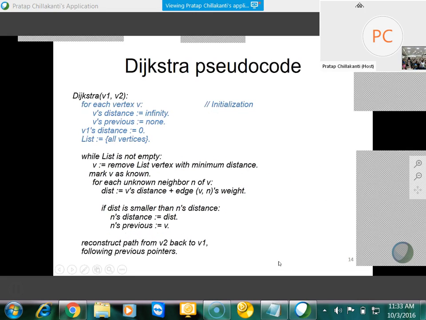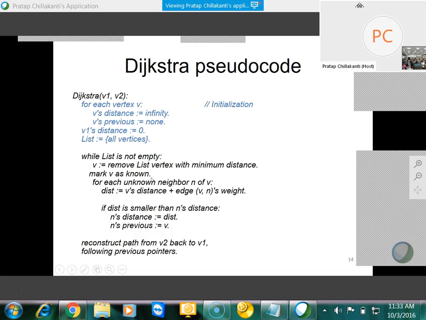So here is some pseudocode for Dijkstra. For each vertex V, to begin with, you are initializing to infinity. I will not go through the full thing here, but intuitively, you are initializing all the things first. And then the list has all the vertices. While the list is not empty, you remove the list vertex with minimum distance.